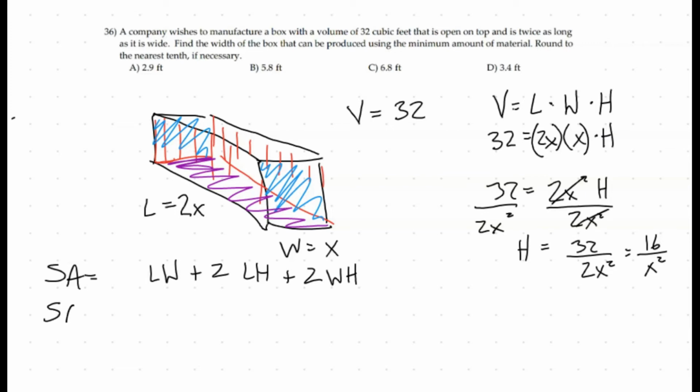We have surface area will equal, remember that L is 2x. We'll get everything in terms of x. W is x. And we'll just do those substitutions. And h, remember that h is going to be 16 over x squared.